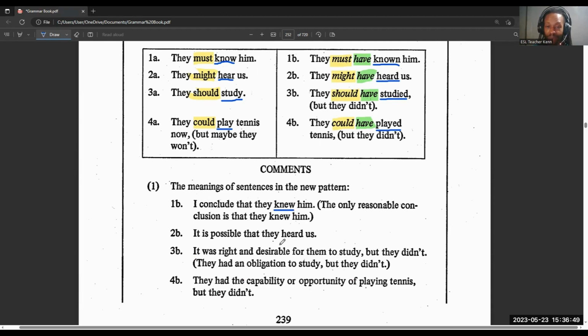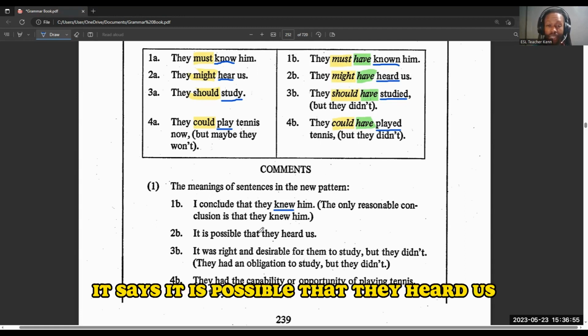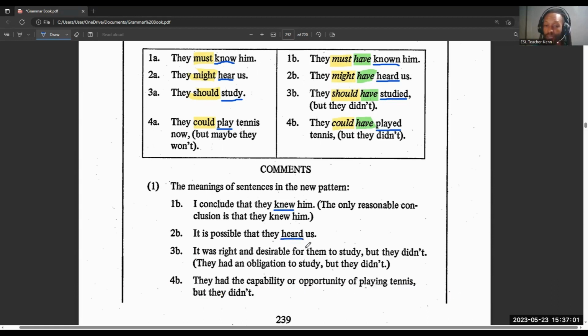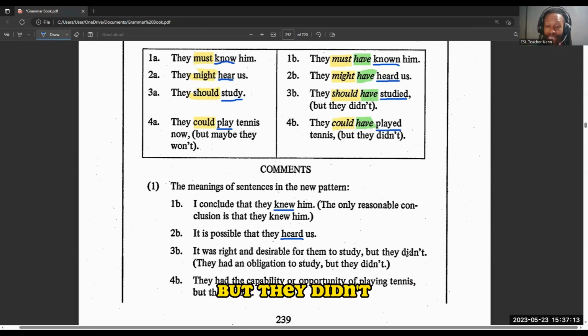Okay? Number 2 says they might have heard us. It says it is possible that they heard us.